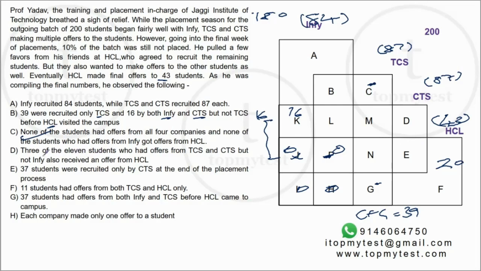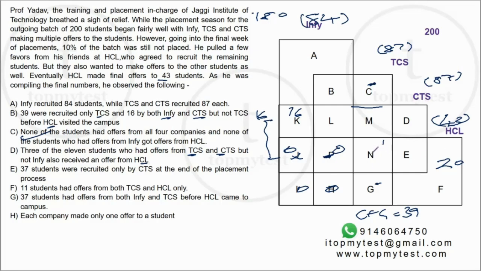Part D. 3 of the 11 students who had offers from TCS and CTS, but not Infi, got an offer from HCL. So M and N, this total was 11, out of which 3 got a job from HCL also.